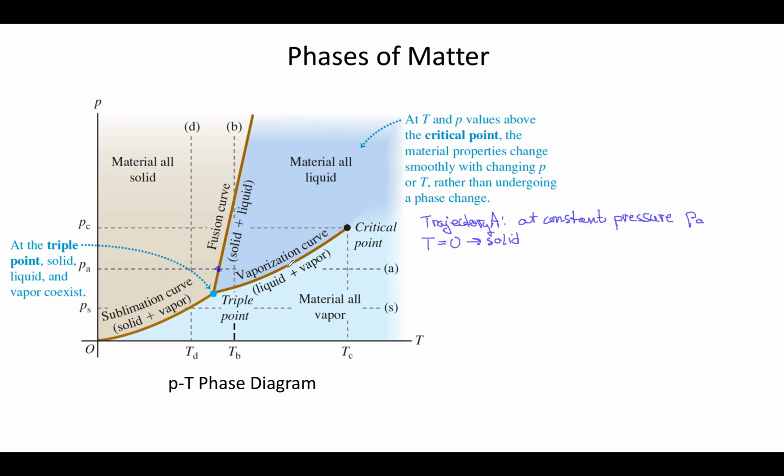At that point, adding more heat energy causes you to make vapor and have the coexistence of liquid and vapor, until eventually you have all vapor. Then you can keep increasing the temperature. You can see here, P sub A. So T equals 0, solid, melts, and then vaporizes.